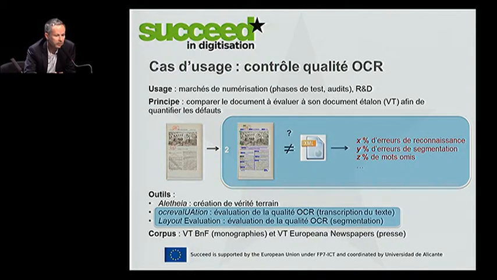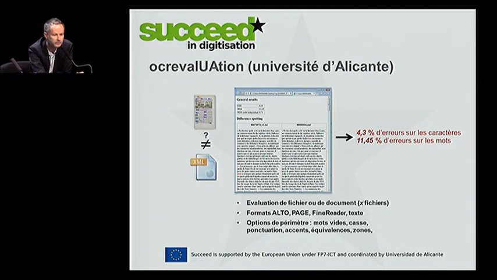That tool was developed by the University of Alicante, and the second tool allowed us to evaluate the quality of the segmentation, and I'll come on to that shortly. With the first tool, the idea was to compare the two texts: the text produced by the OCR engine and the text as it really exists in our heritage documents.